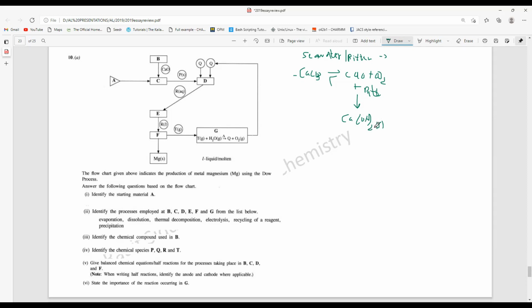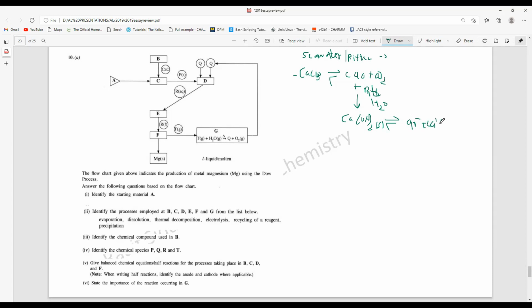So basically the reaction happens between calcium oxide plus water initially, and calcium hydroxide is formed. This calcium hydroxide would give OH minus to the medium, right? And calcium 2 plus, because it is a little bit solubilized.